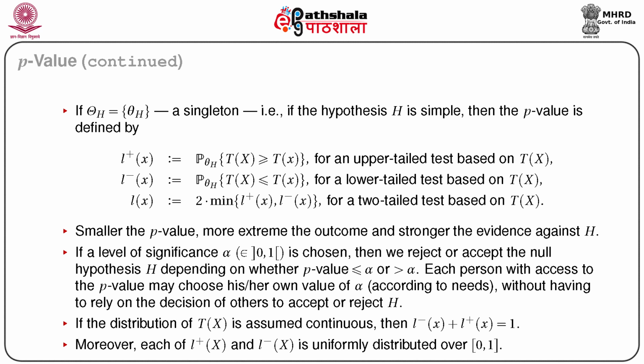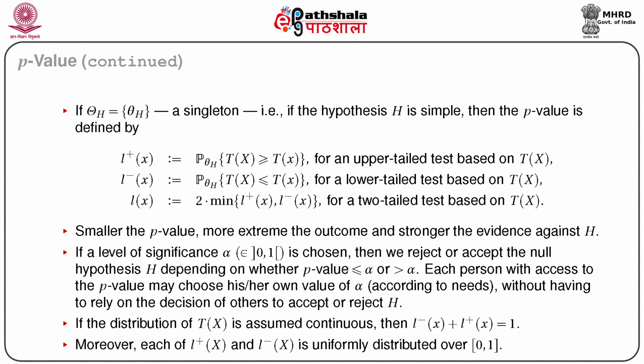And if the test is a left-tailed test, then we define the p-value as L minus x equals probability under theta, Tx less than the observed value, plus half times probability under theta, Tx equals the observed value. For all theta belonging to script theta H, that is, all the probabilities are calculated under H naught. Here L plus x and L minus x are approximately rectangular 0, 1 under H.